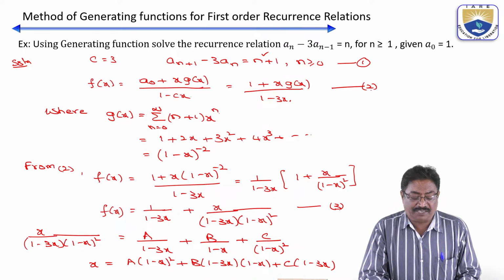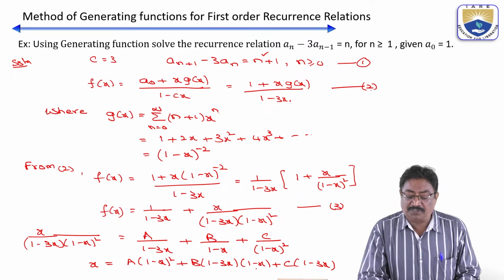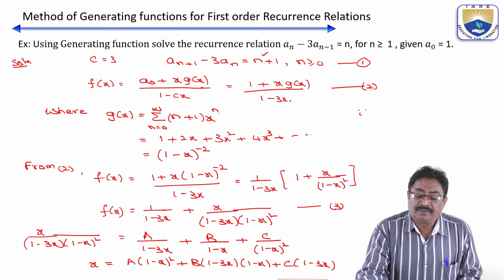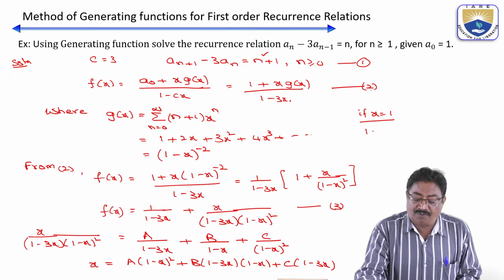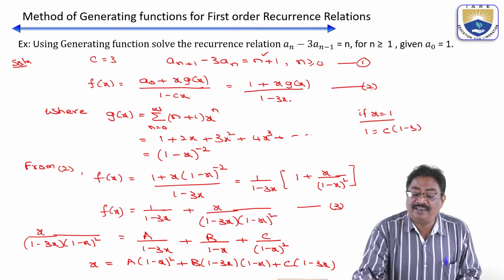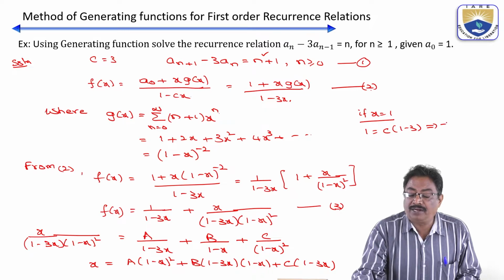Straight away I can substitute x equals 1 in this expression. If x equals 1, then a will be 0, b will be 0 and c into 1 minus 3. So I am going to get minus 2c equal to 1. So c is equal to minus 1 by 2.